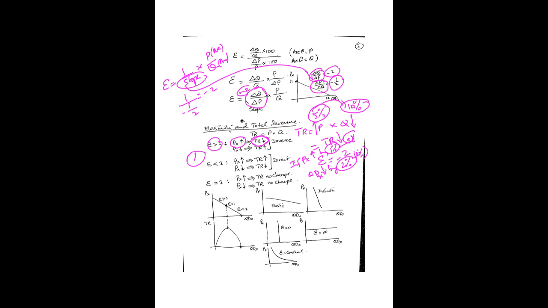If price decreases, total revenue will increase. So there's one conclusion. If you are selling a product and your product has elastic demand, that is, people are more responsive to changes in the price of your product, then if you want to make more money, always reduce price.